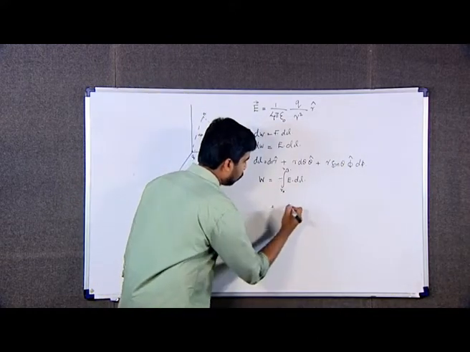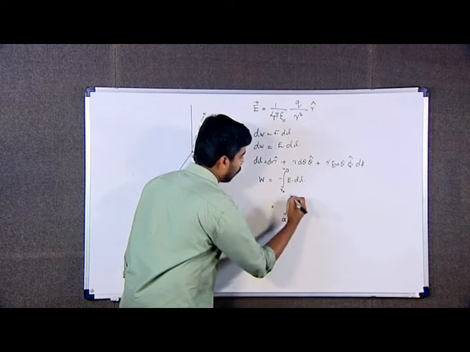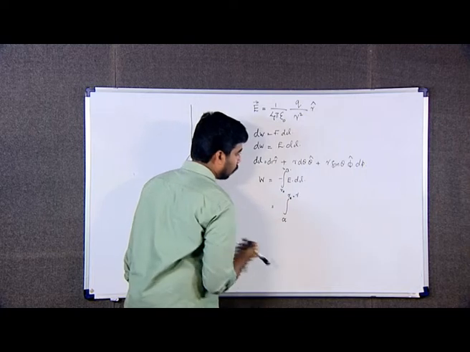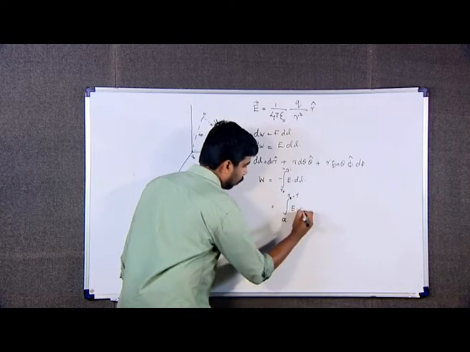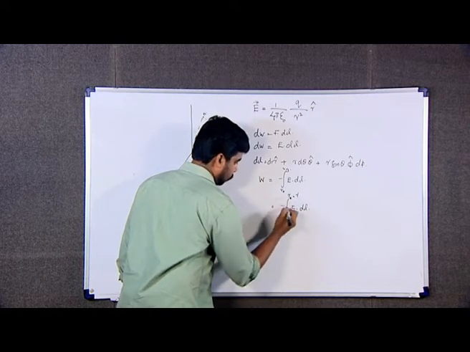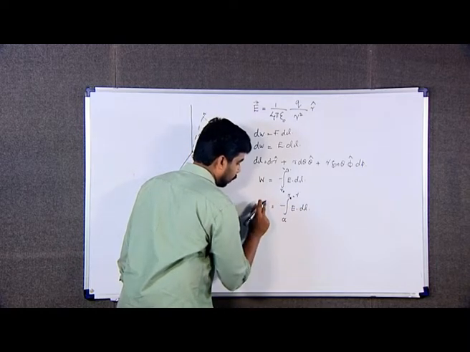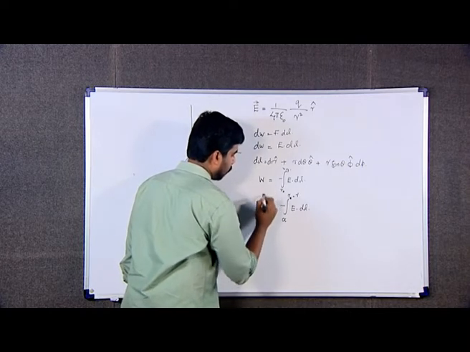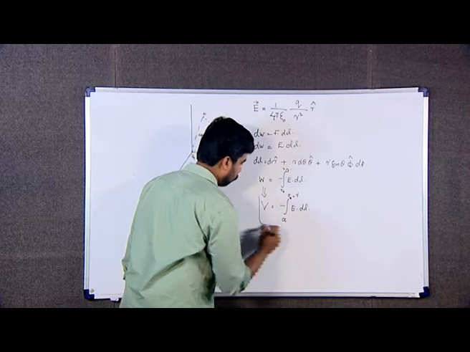So, the initial point is at infinity and the final point is rb, which I call r, and it is equal to minus integral E dot dl. This negative sign shows that we are doing this work against the field. And I call this work done the electric potential V.